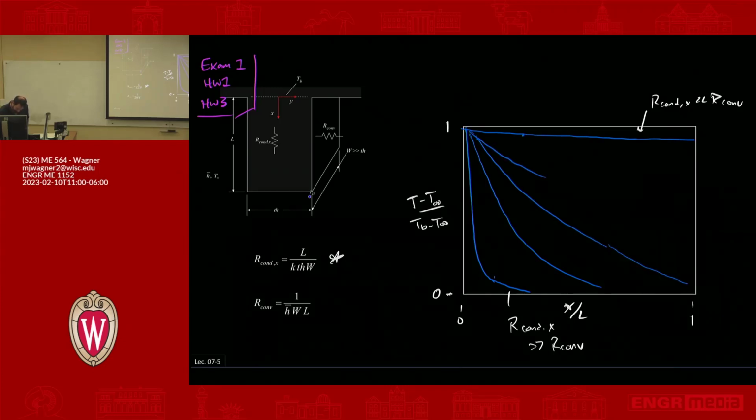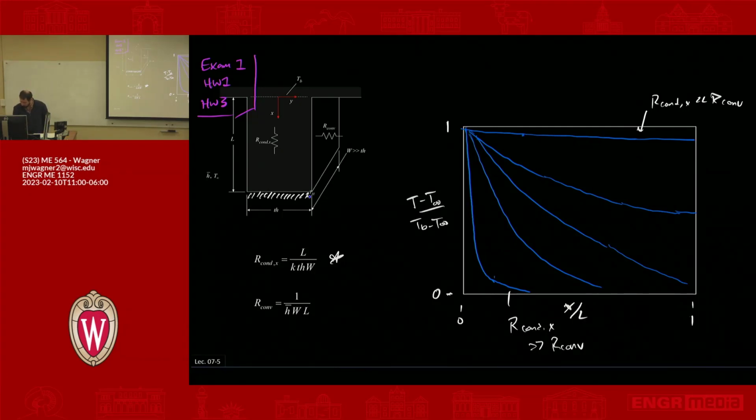Okay, so I'm drawing this out. One thing that I want to make clear is what happens in terms of the gradient of temperature with respect to position as you get to x over L equals 1. This fin, which is maybe not clearly stated, has an adiabatic tip. We're assuming that there's no heat flow. So my derivative of dT/dx at x over L equals 1 had better be 0.